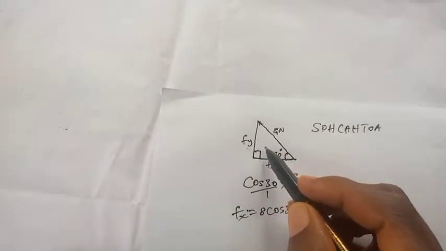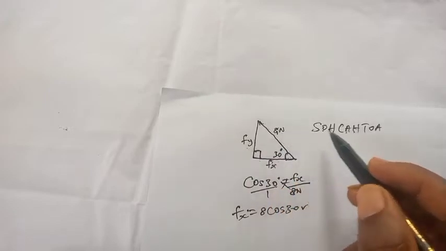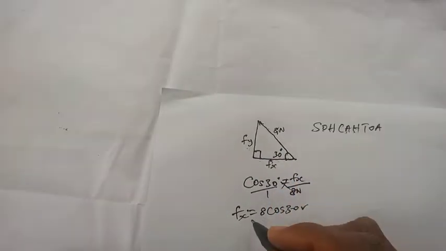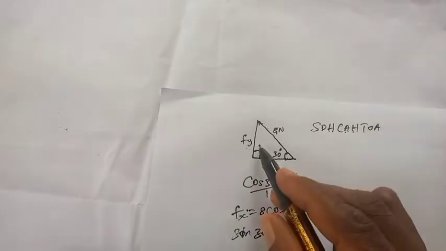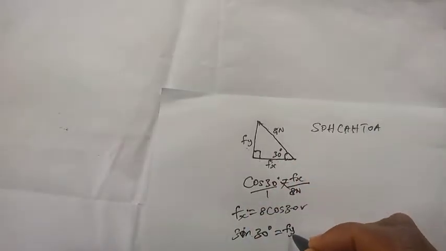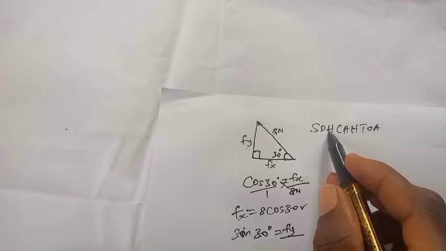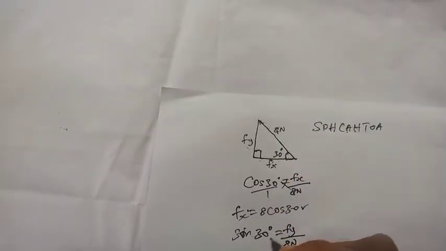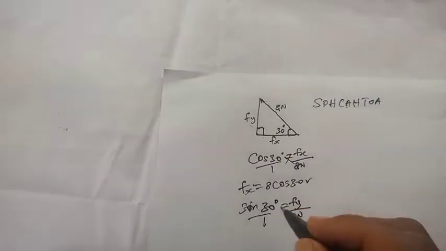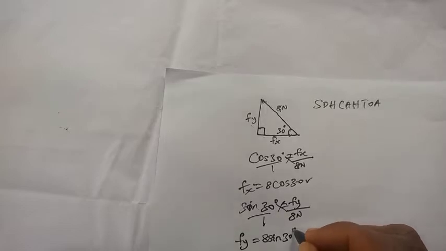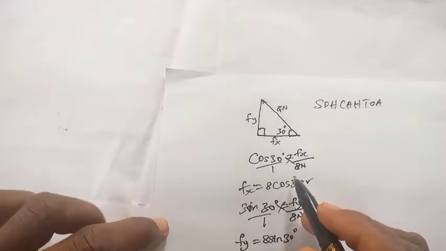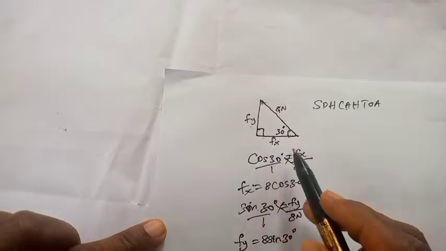So we are looking at opposite and hypotenuse, which is sine. So sine 30 degrees is equal to the opposite, which is this F of y, over the hypotenuse, which is this 8 Newton. Doing cross multiplication, F of y is equal to 8 sine 30 degrees. So this is how to resolve this force into horizontal and vertical components.